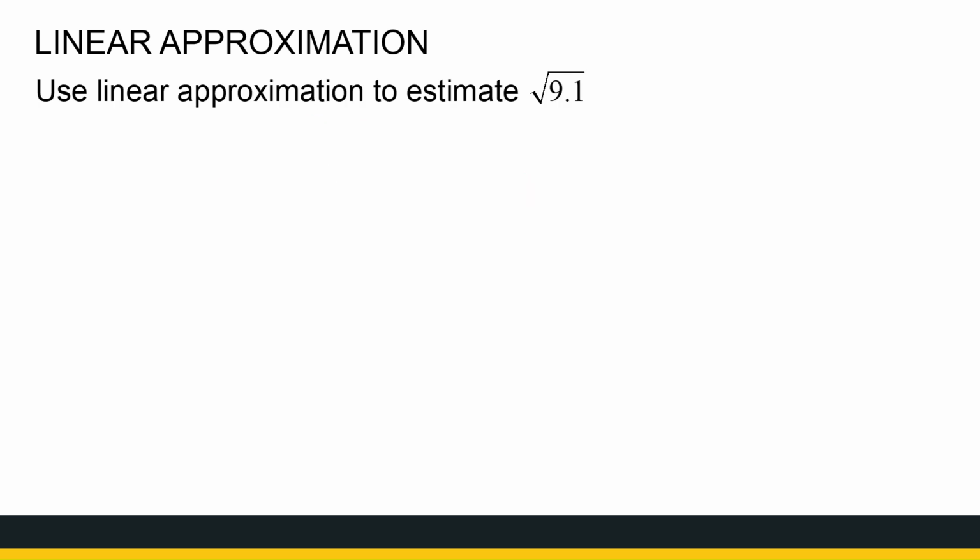A more general question. Use linear approximation to estimate the root of 9.1. So what are we looking at? We're looking at the function square root of x, at x equal to 9. So we want to estimate values of x close to 9, so we're going to look at that linear approximation.